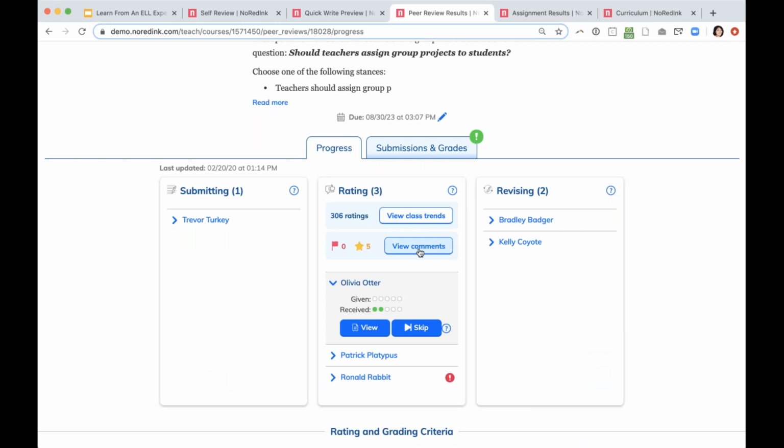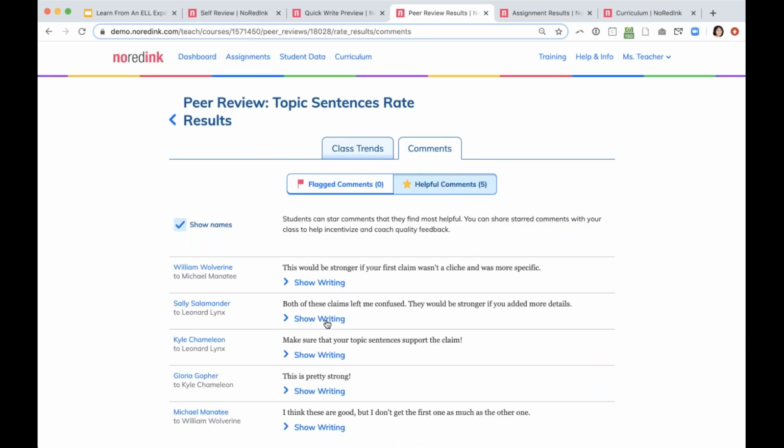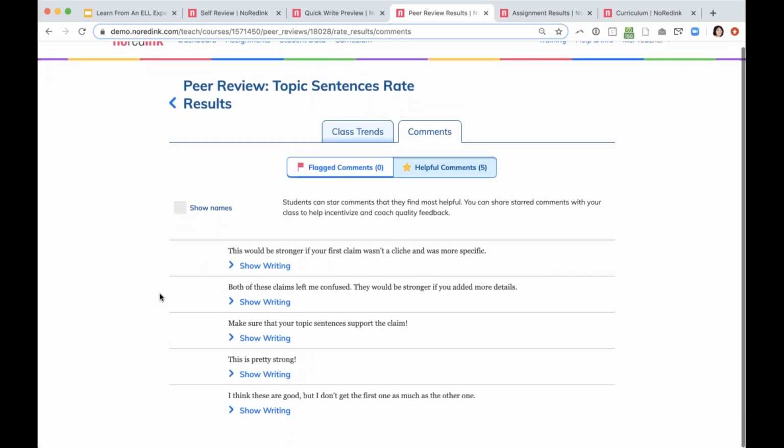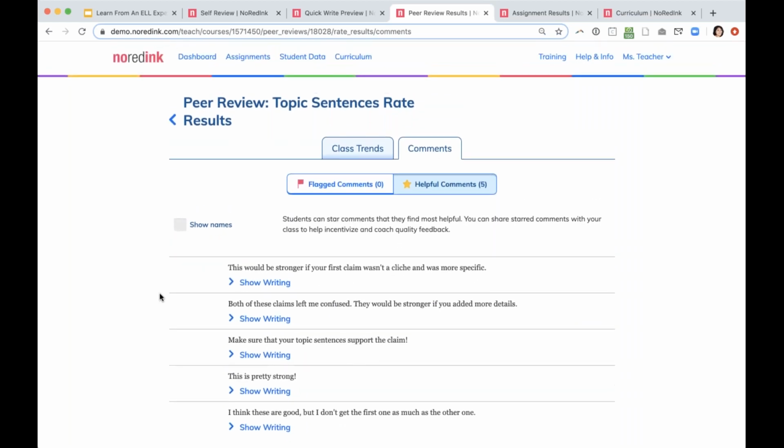Within here, I can click view comments, and whenever they star a comment as a helpful comment, that will show up in this page. If I did want to make it anonymous, I can hide their names as well. This way they don't know who gave it, but it still shows them what a strong comment looks like. And potentially even just having this projected can also help them, or printing it out somehow.